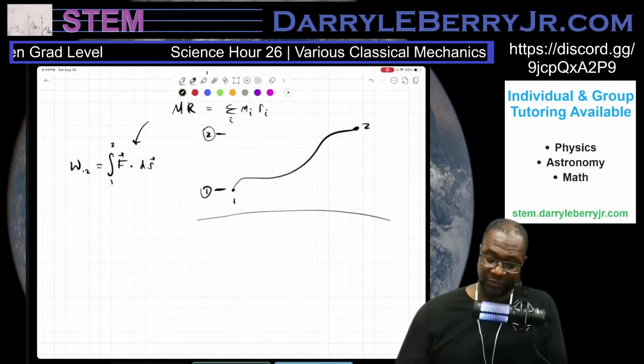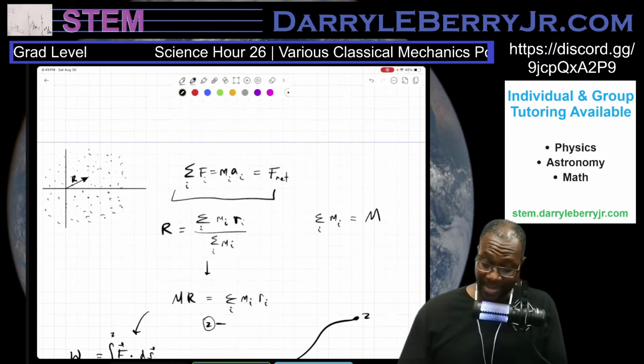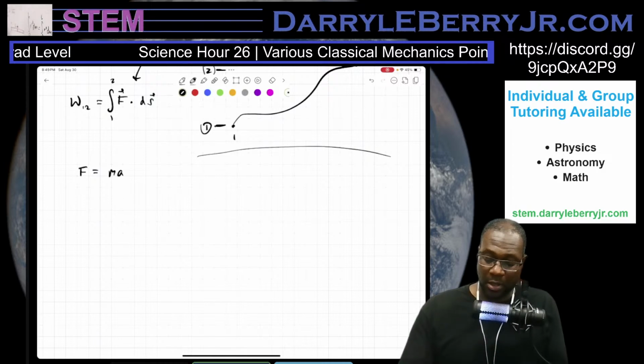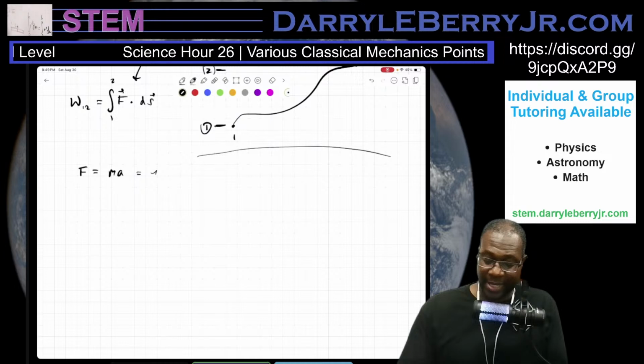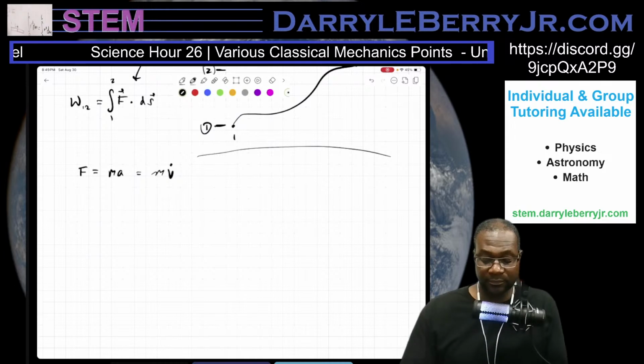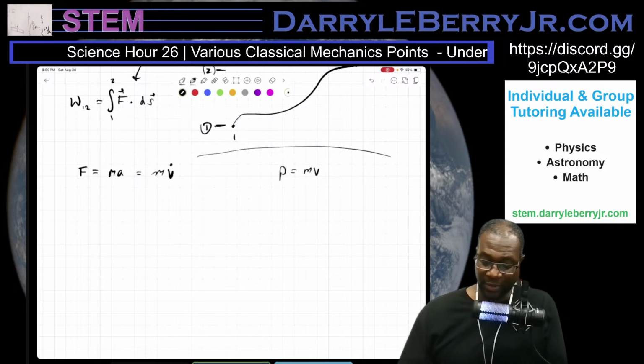The first reason is if I look at work going back to F equals ma, we could also recognize that acceleration is the derivative of velocity, and momentum is mass times velocity.